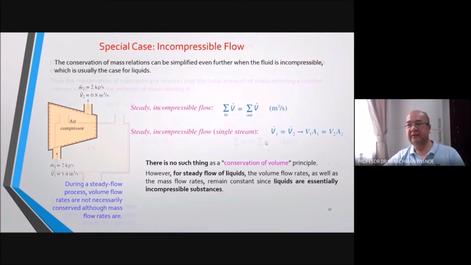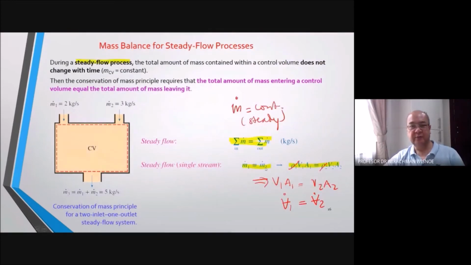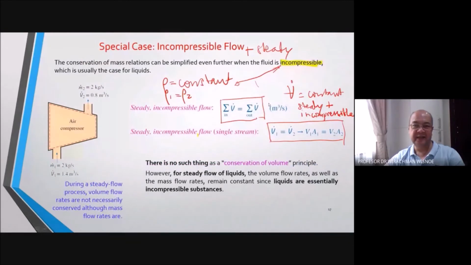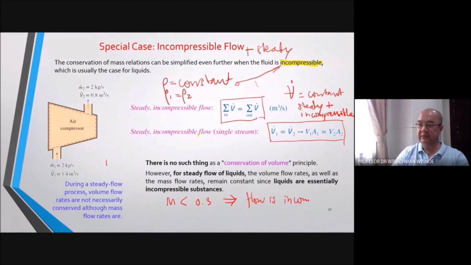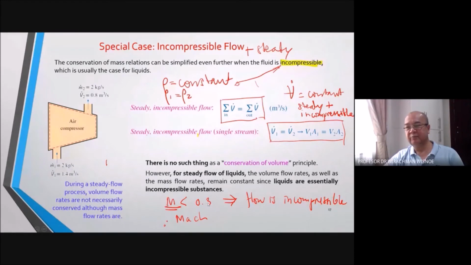Usually for air, we say m dot 1 equal to m dot 2, or m dot constant. However, if the speed of air is very slow, if the Mach number is less than 0.3, then the flow is incompressible. But for Mach number bigger than 0.3, the air is compressible. For water, it is incompressible.